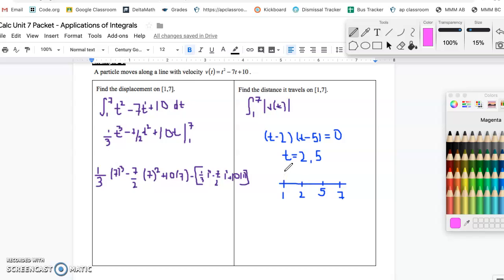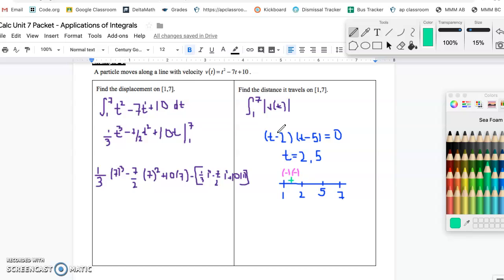Then from here, I'm going to do my factors. Between 1 and 2, a number like 1.5: 1.5 minus 2 is going to be negative, and 1.5 minus 5 is also negative. Negative times negative gives me a positive. So I plug in positive.